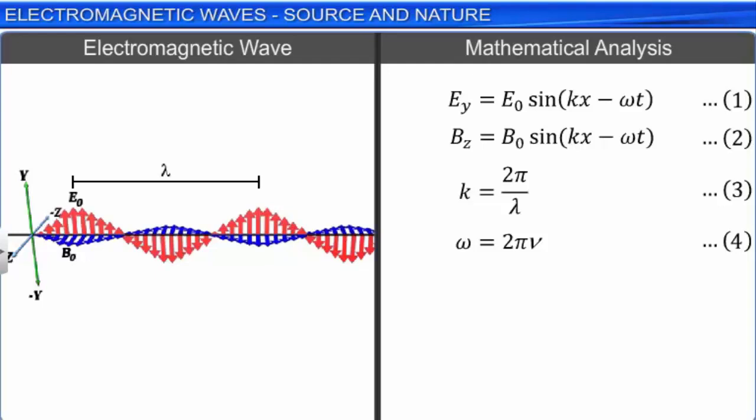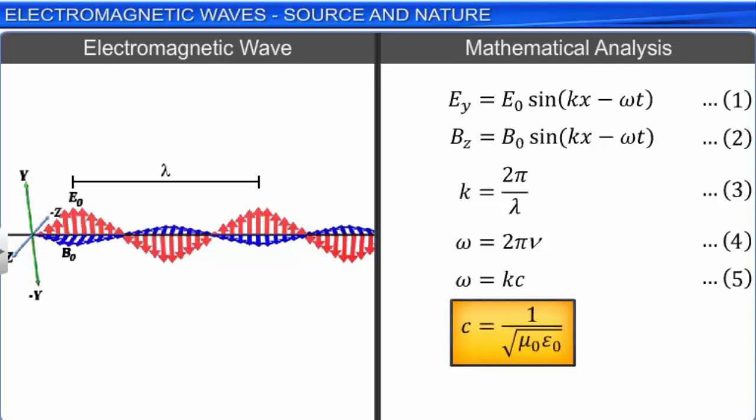Let this be equation 5. Here, c is the velocity of electromagnetic wave that is equal to 1/√(μ0ε0). On substituting equations 3 and 4 in equation 5, we get c = νλ.